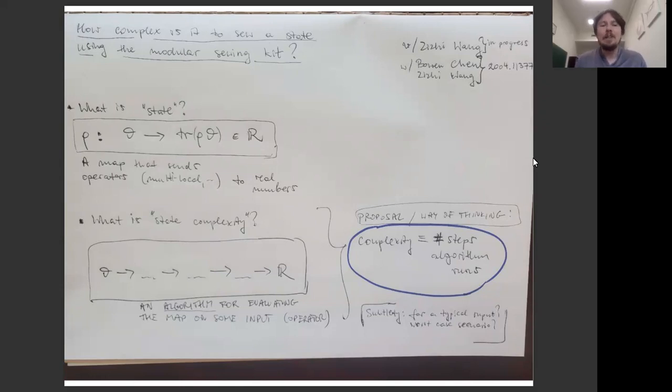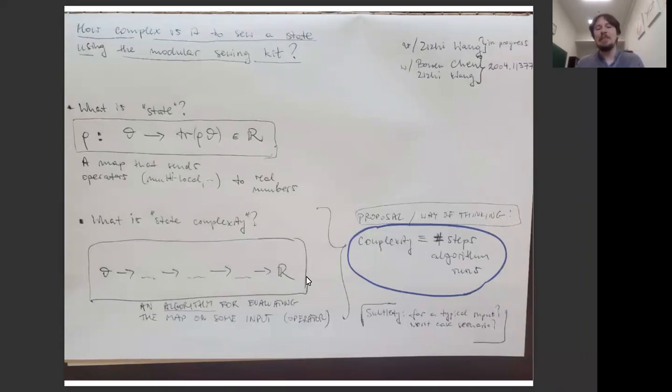You take an operator and you take the trace of the operator times the density matrix to get a real number, which is the expectation value of the operator in that state. Now, if a state is a map which sends operators to numbers, there is some process that takes the operator to the number. I drew a cartoon of how you would start from an operator and arrive at some number.